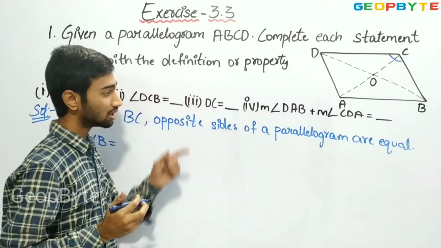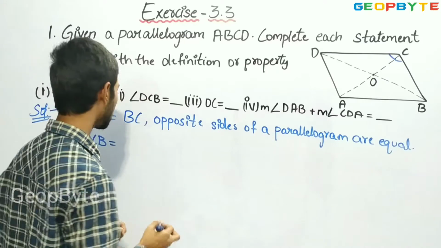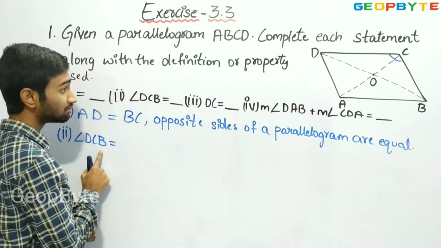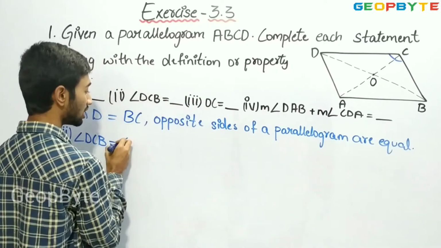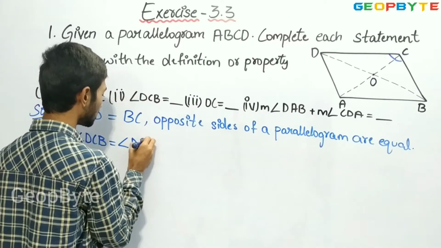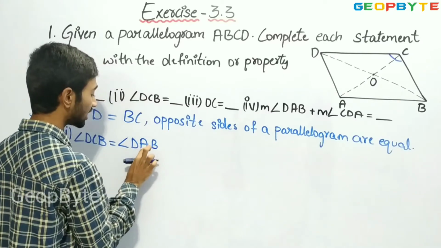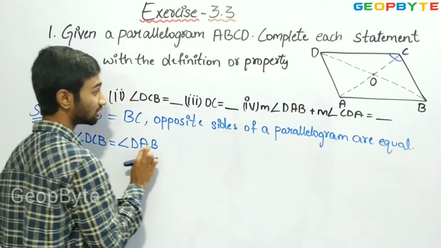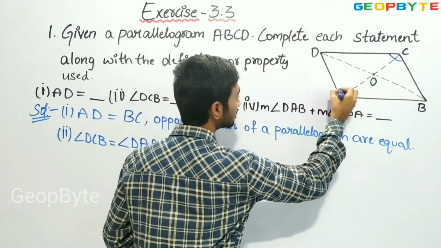So in a parallelogram opposite angles are equal. So angle DCB is equal to angle DAB. So here the angle is made at the middle alphabet, that is here.